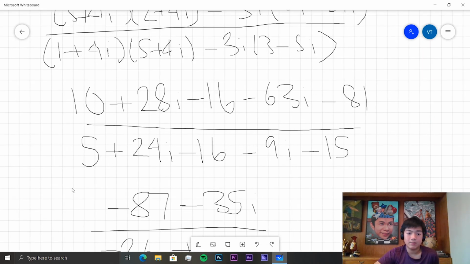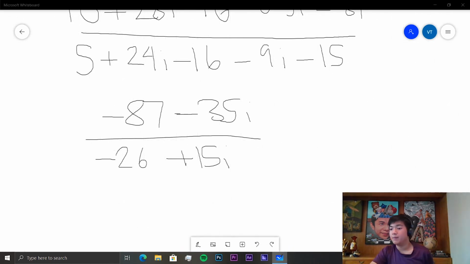So this is going to be our x value. And yeah, that's pretty complicated, I'd say.